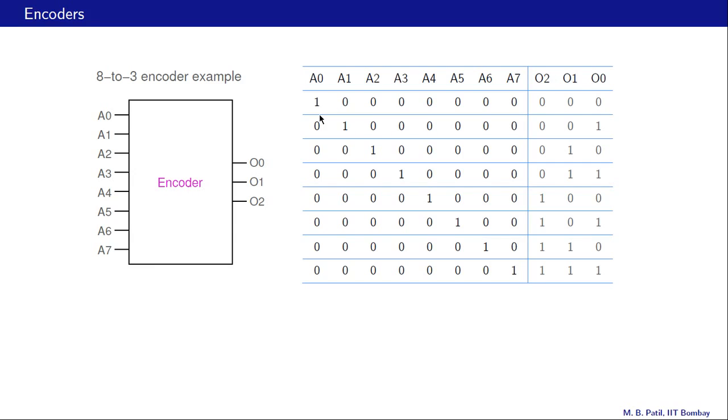Now the output that corresponds to this particular combination, that means A0 being active and all others inactive, is 0, 0, 0. For this combination, where A1 is active and all others are inactive, it is 0, 0, 1 and so on. In the last row, we have A7 as the active input line, and corresponding to that we have an output of O2 equal to 1, O1 equal to 1 and O0 equal to 1. So this is an example of an 8 to 3 encoder.